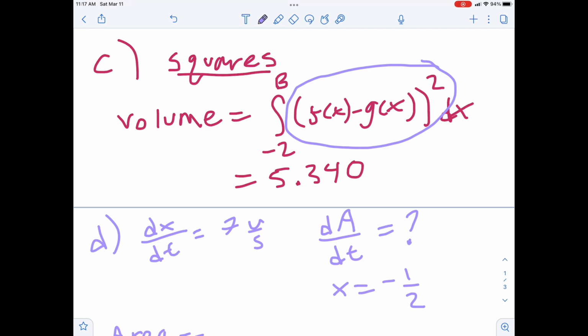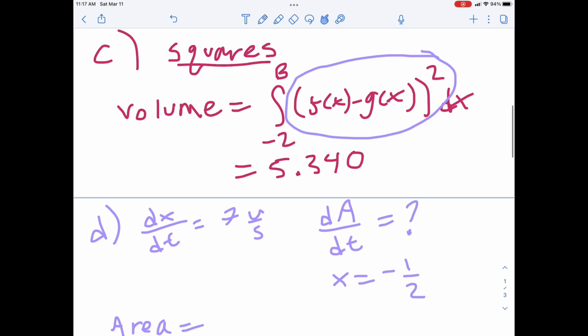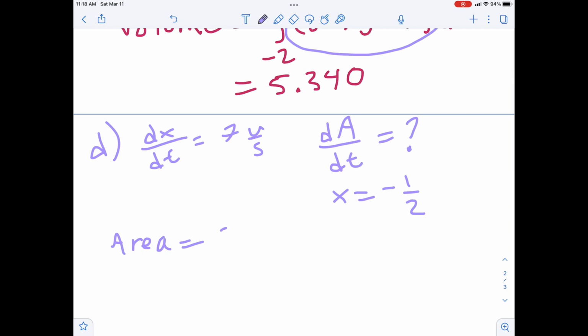Because when you think about it, what we were doing in part C is taking the sum of all these infinitely thin, flat, two-dimensional squares, from -2 to b. And so therefore my area is just f of x minus g of x, squared.